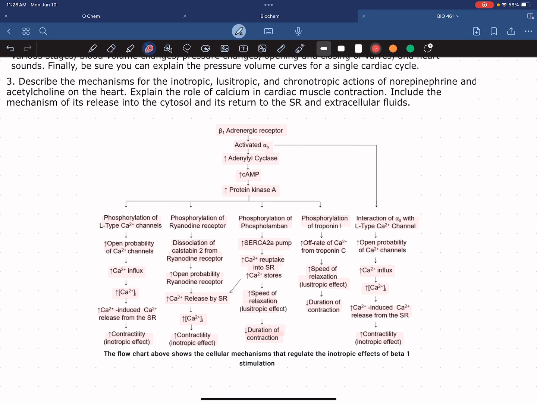So depending on whichever phosphorylation protein kinase A carries out, that will lead to increased contractility, the inotropy, or a decrease in the duration of contraction, which is the lusotropic effect.